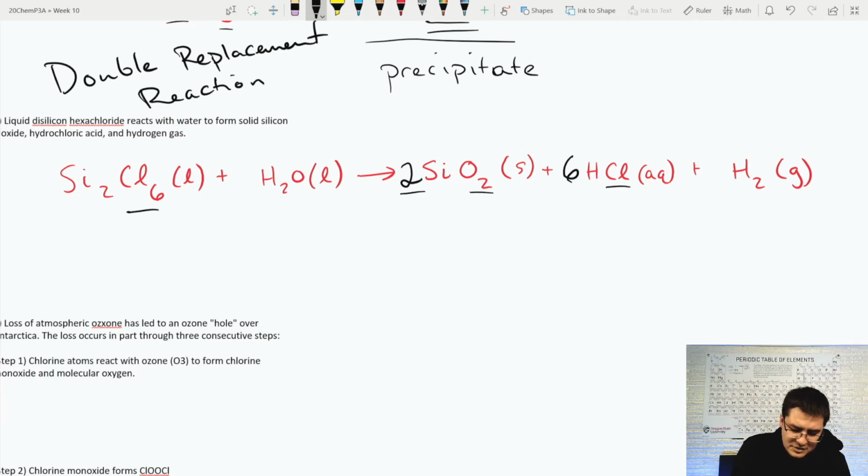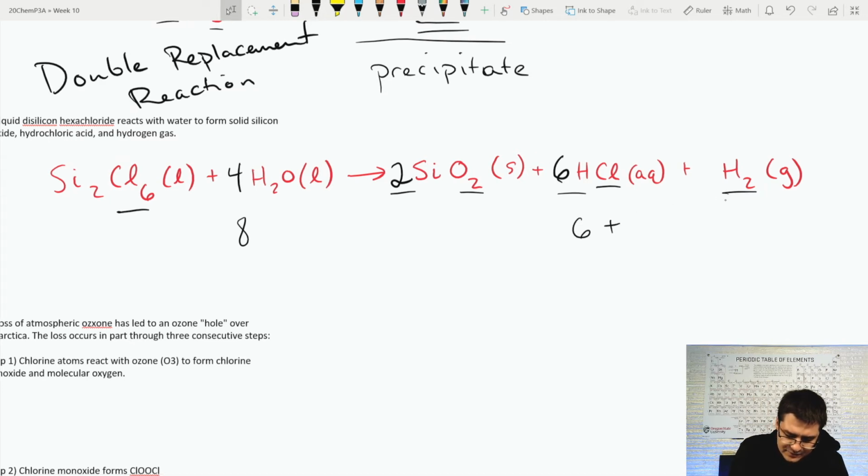I have 2 times 2, which is 4. So I better get 4 oxygens. Okay. And then hydrogens, I got to add up. I have 6 of them here. On this side, oh, actually on the left side, I have 8 of them. And let's just double check. I have 6 of them, plus I have 2 of them right there. So I think if you add up your hydrogens, you've got 8 on both sides. So it is balanced with that 2 and 6 and 4.